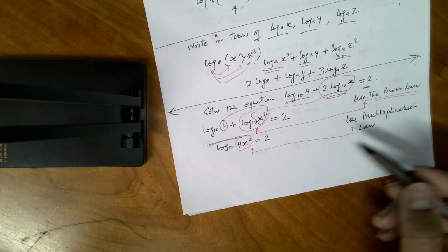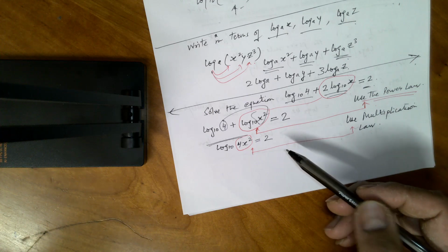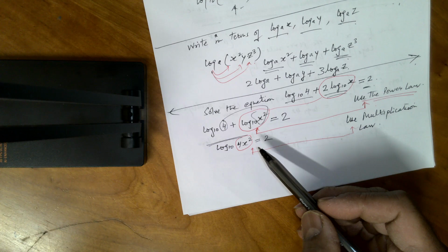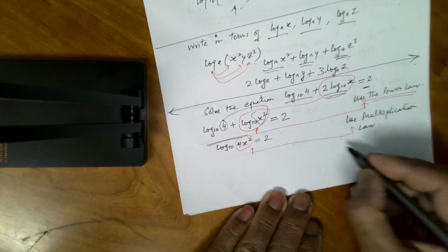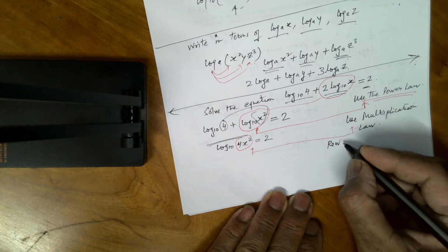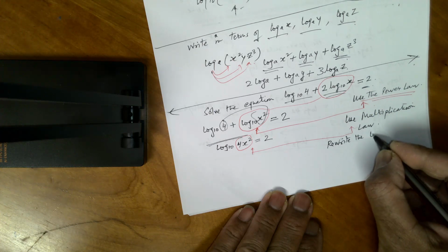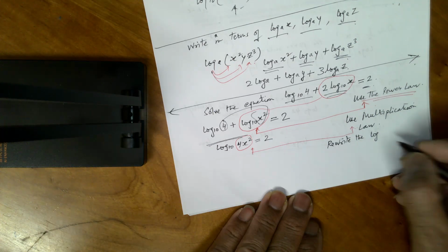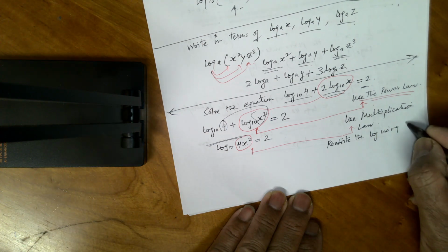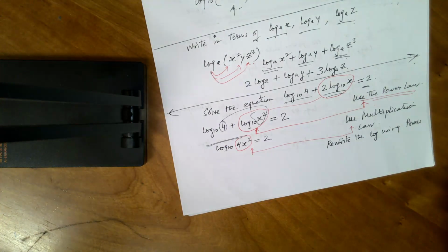Please be careful with what we're discussing here, the step-by-step process. Then what we do, this bit here, we rewrite the logarithm using the power. Remember we discussed that? So how can that be written here?